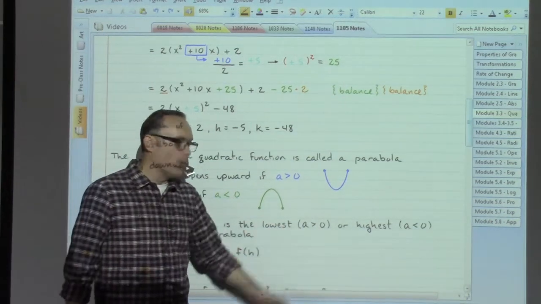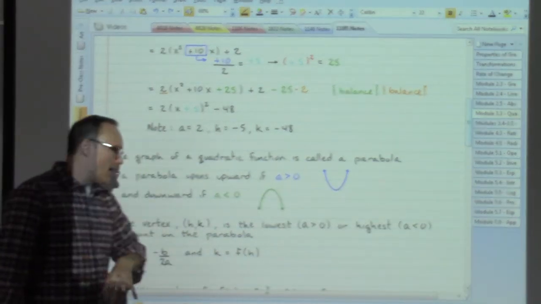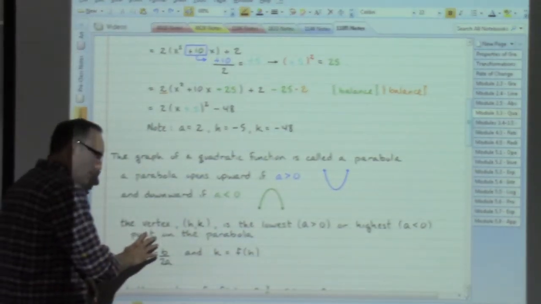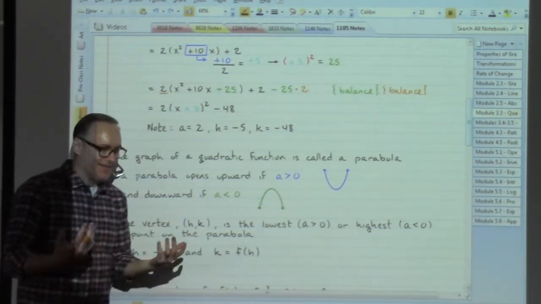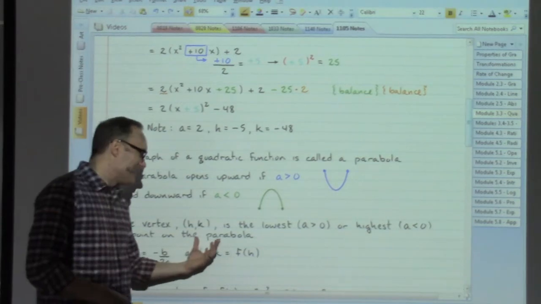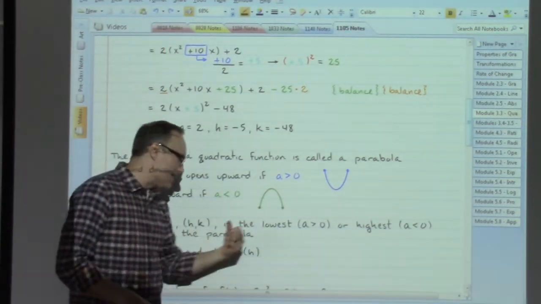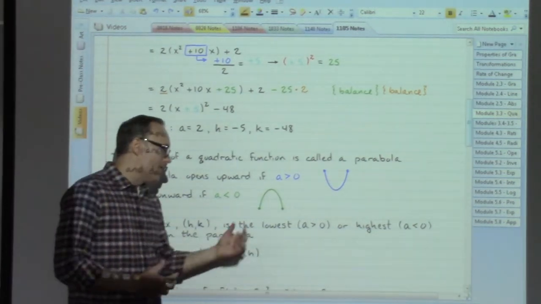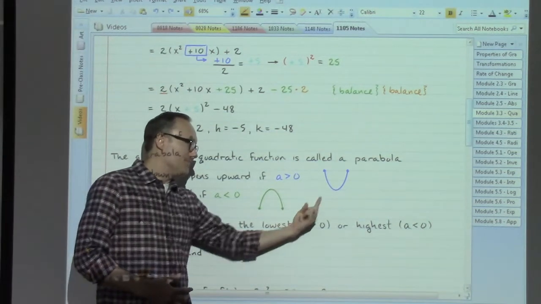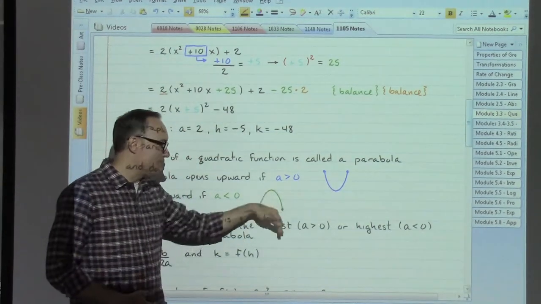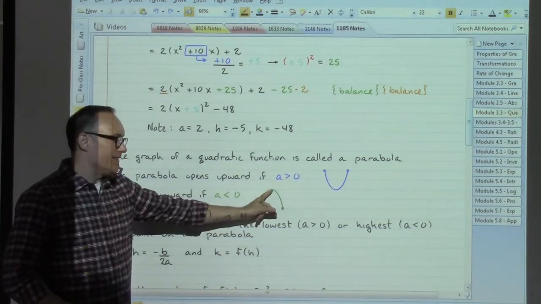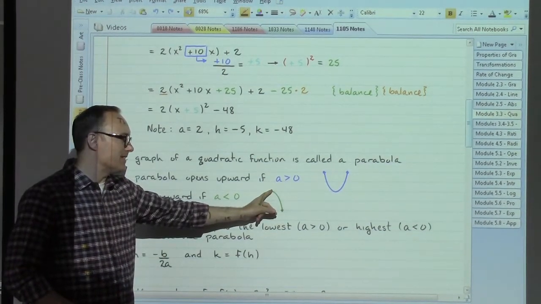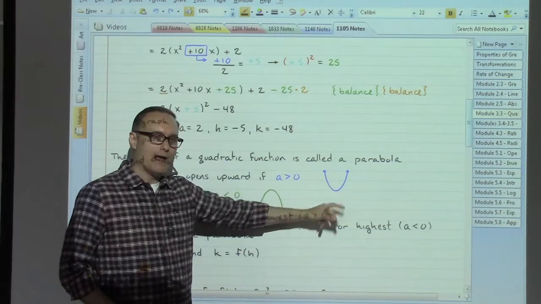If our parabola opened downward, then that particular point would be the highest point. So opens upward, lowest point; opens downward, highest point. That's going to be that h comma k. There's that vertex right there at the top or at the bottom.